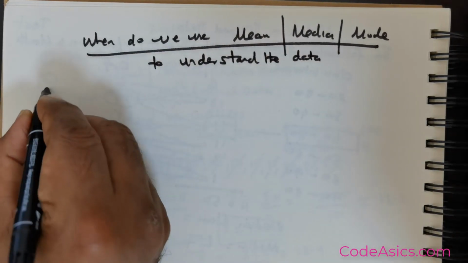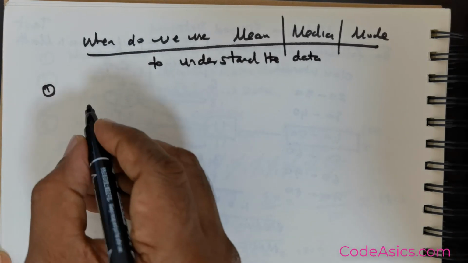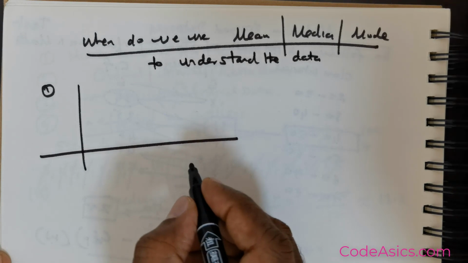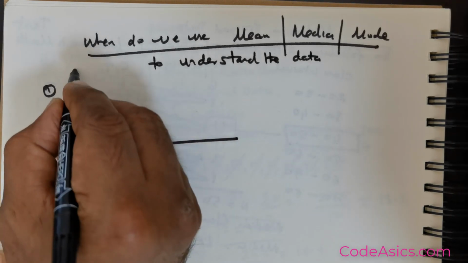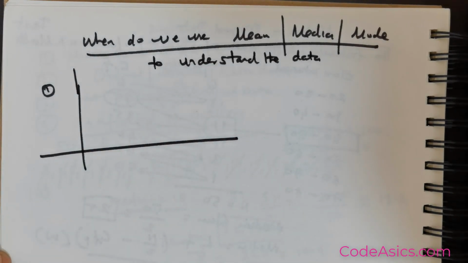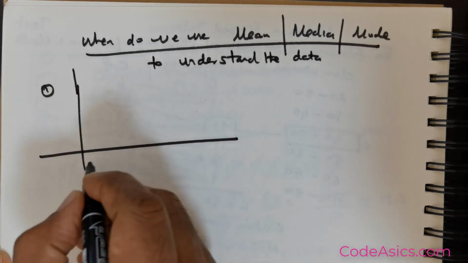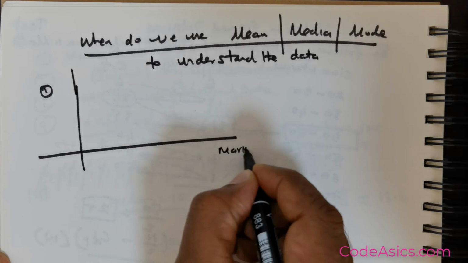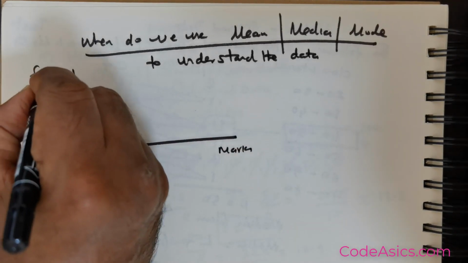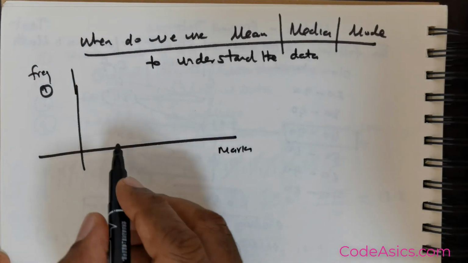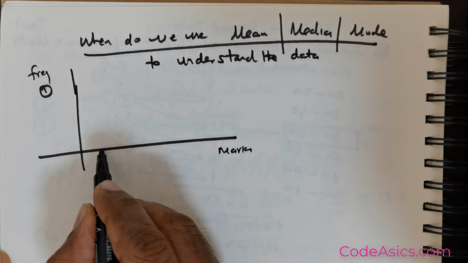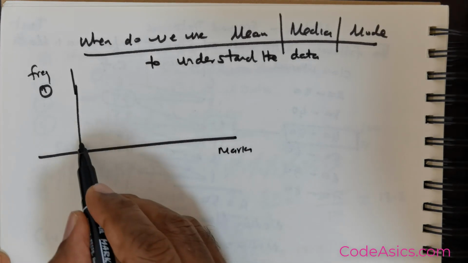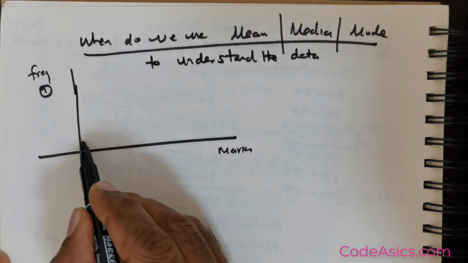Now I'm going to give you 3 illustrations. So illustration 1, imagine you have an exam and the question paper is very easy. So the x-axis represents the marks, y-axis represents the frequency. Now if I were to plot this, I'm going to take a left skewed graph.